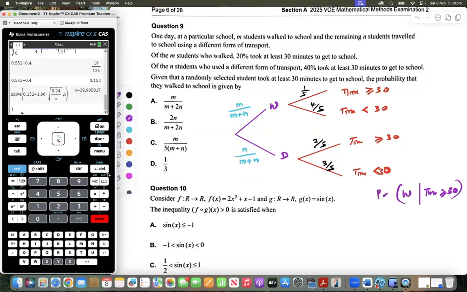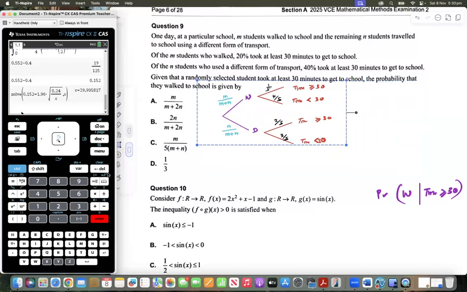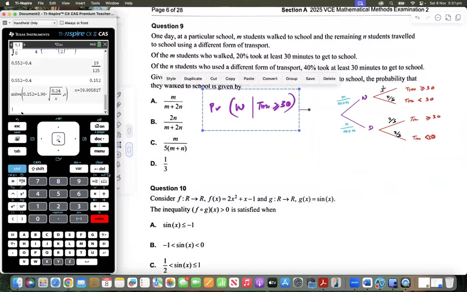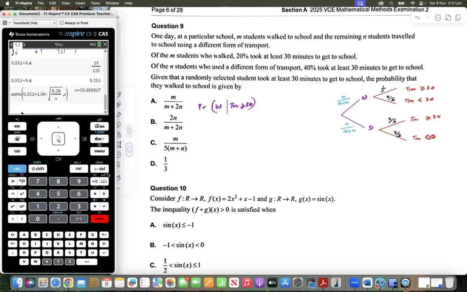I'll shrink the top part so I get more space to write. Your numerator is the probability of walk intersection time is greater than or equal to 30, divided by the probability of time is greater than or equal to 30. So where do you get your denominator first?